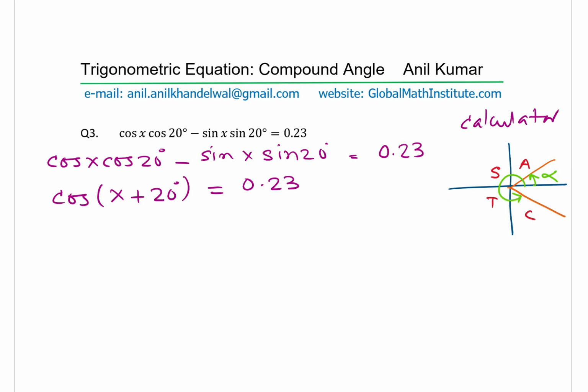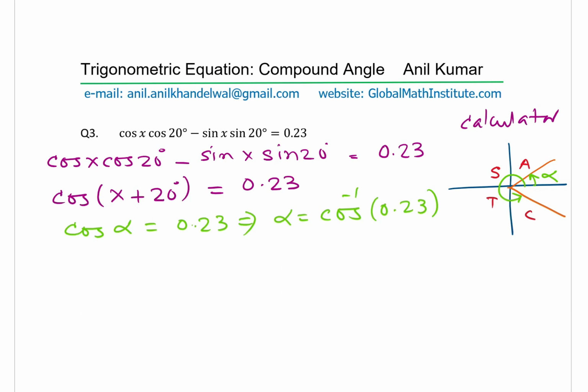So we'll find what alpha is. We'll work for cos alpha equals 0.23, sorry, cos alpha, not sine. So it is the cosine function. That is to say alpha is cos inverse of 0.23.